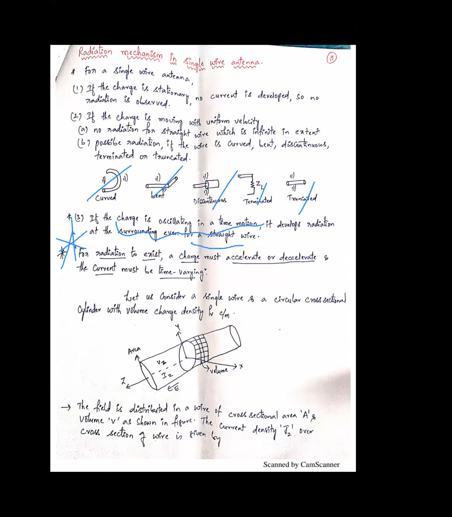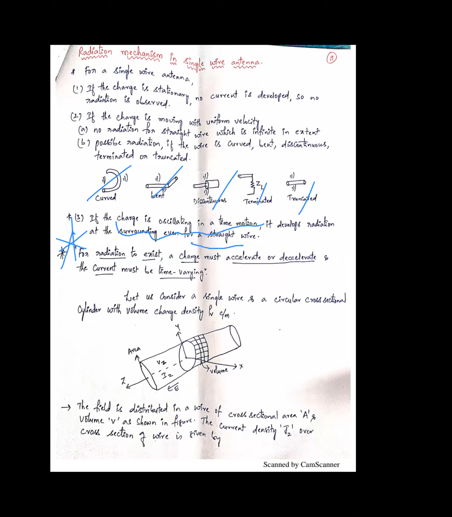Now in this case, radiation is also possible for a straight wire. How? The condition is charge should oscillate in time motion. If the charge is oscillating like a simple pendulum, then for a straight wire also radiation will take place.